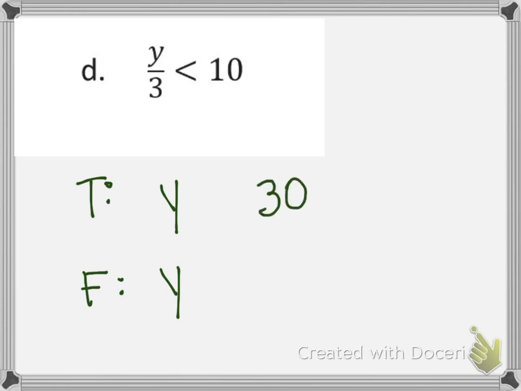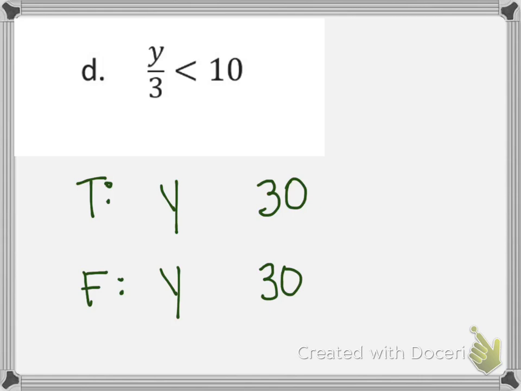I know that for sure because my balance point is always whatever the variable needs to be so that both sides are equal. And this time it needs to be a 30 so that we get 10 on both sides. And now I need to check it when y is equal to 30. So we're checking the equal sign.